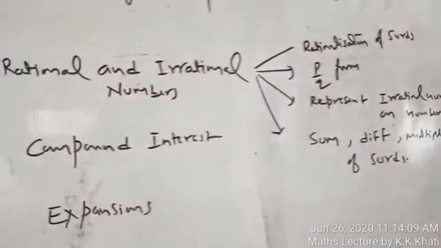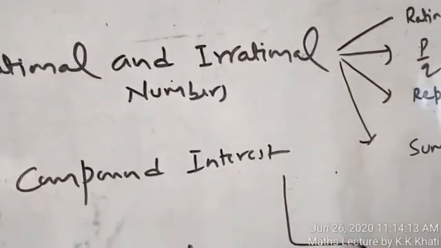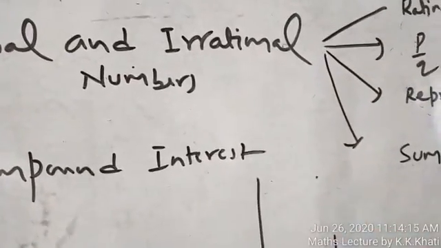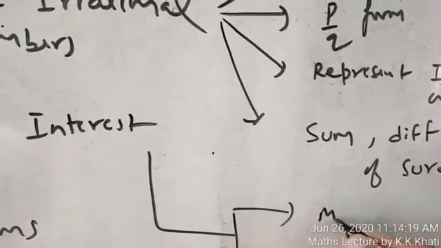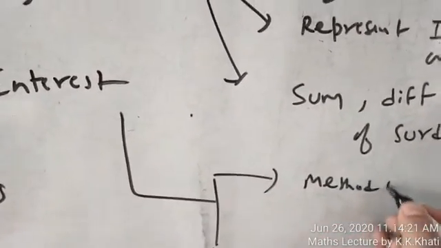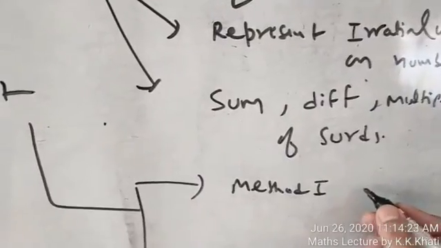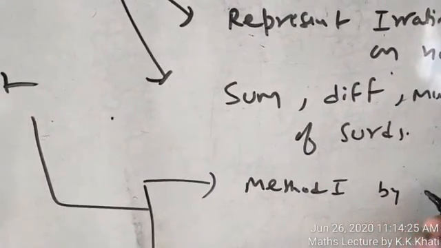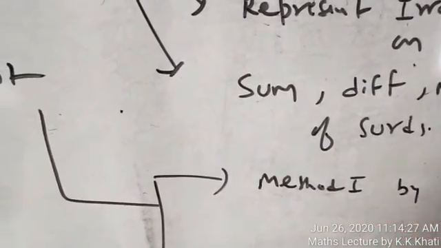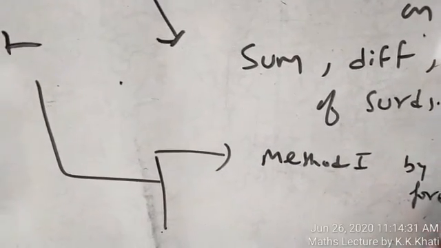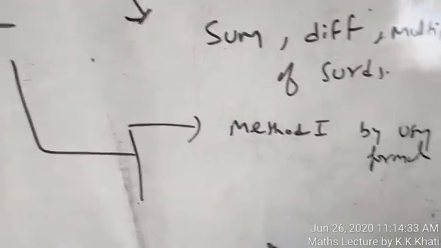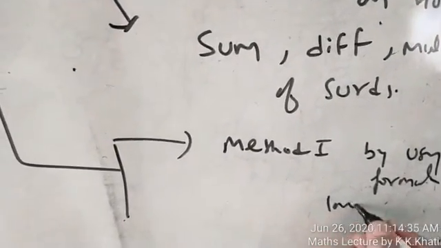Now in chapter number 2 we have two methods to solve compound interest. Both the methods we have to discuss. Method number 1 is by using simple interest, the SI formula, or you can say the long form.